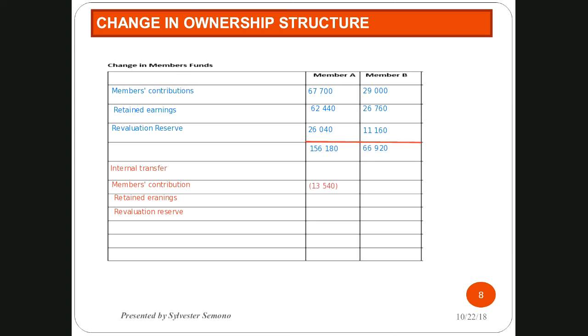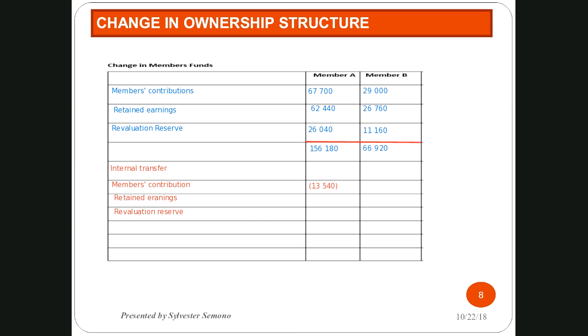The same applies to retained earnings the same way. Remember the nominal value, that is the value of the transaction. So that will be between the two members. Okay. So member B will give member A, it will be between themselves, but it won't affect our books as a CC.